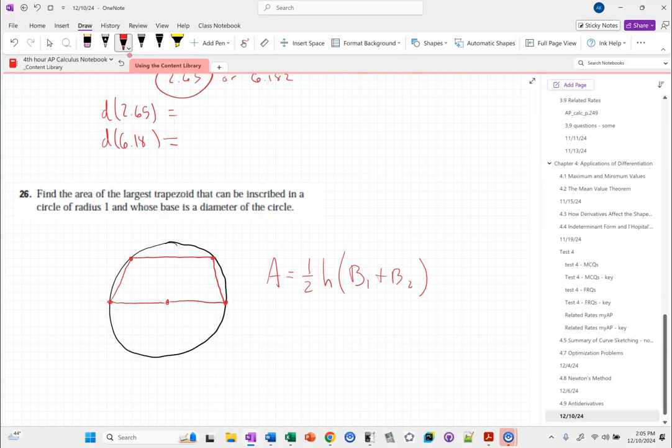I want to probably resolve this all down in terms of x's and y's, I suspect. So I'm just going to embed this thing onto the xy axis. Maybe I should do that in a different color.